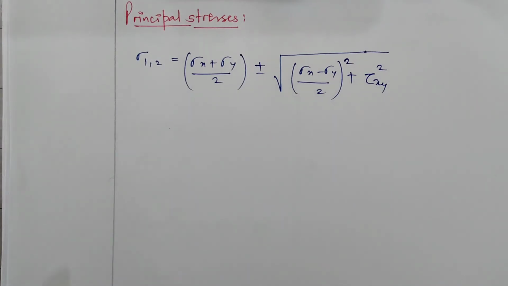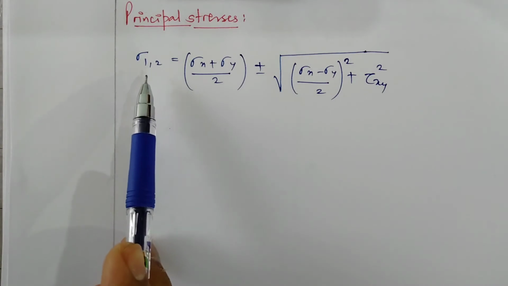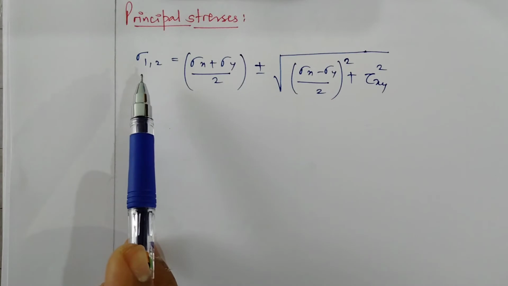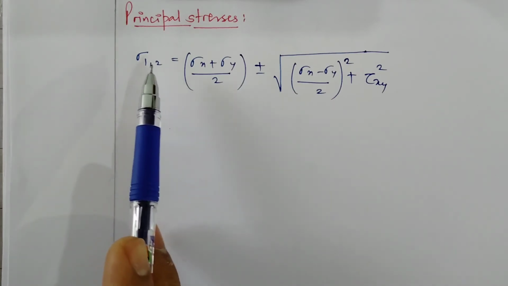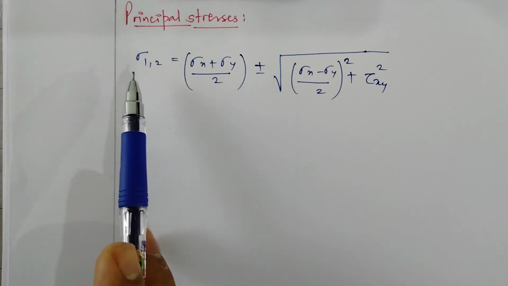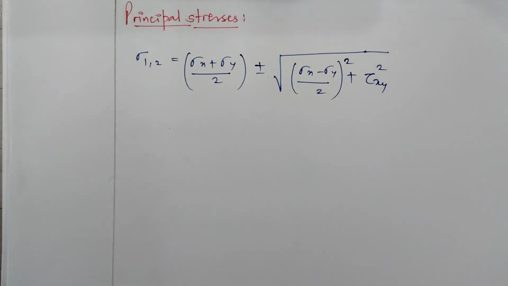I am writing it as sigma 1 comma 2. Why? I know there are two principal planes. It means there are two principal stresses. So sigma 1 indicates one principal stress, sigma 2 indicates another principal stress. Right?